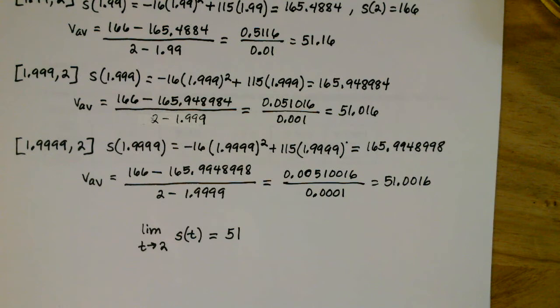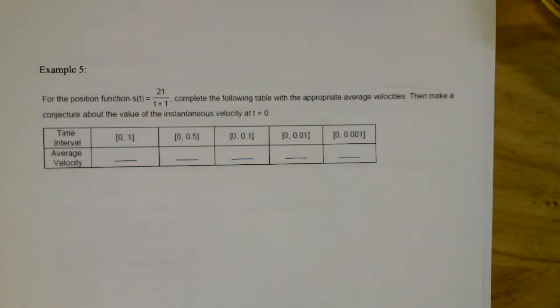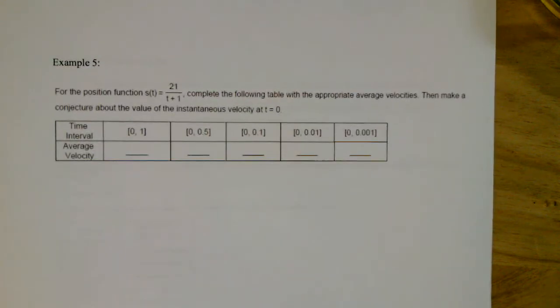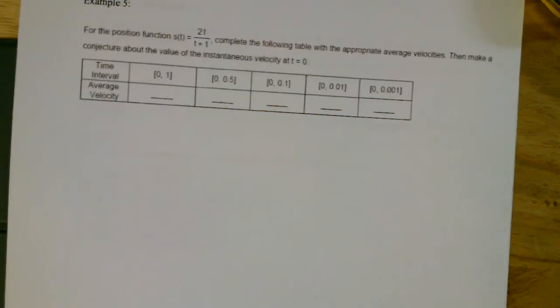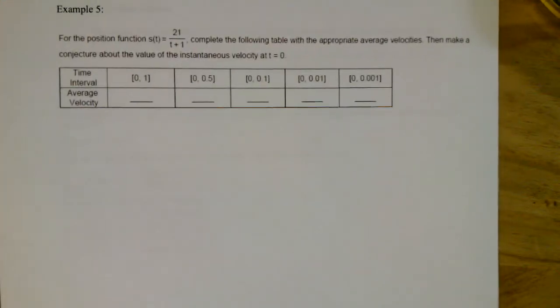Let's look at one more of these, and then we'll go into doing the slope of the tangent line. Let's say we had a position function that was written like this: S of t is equal to 21 divided by t plus 1.